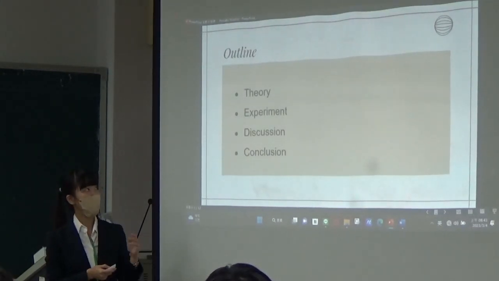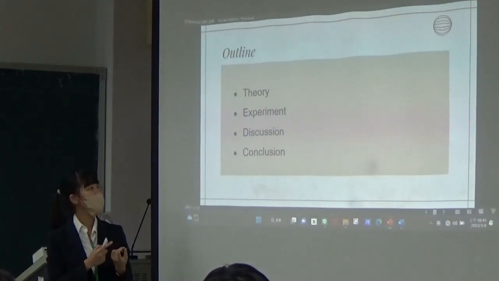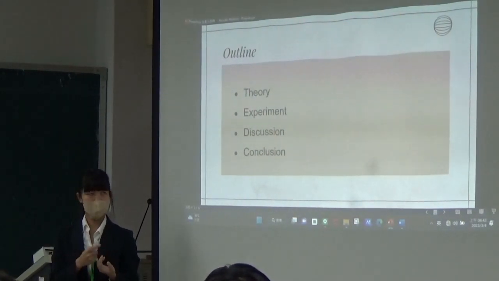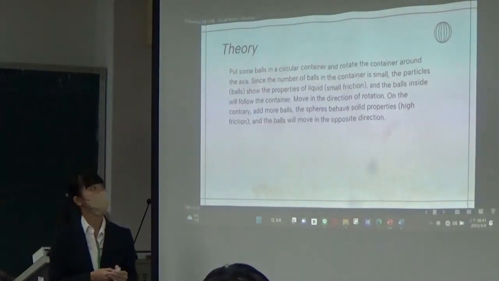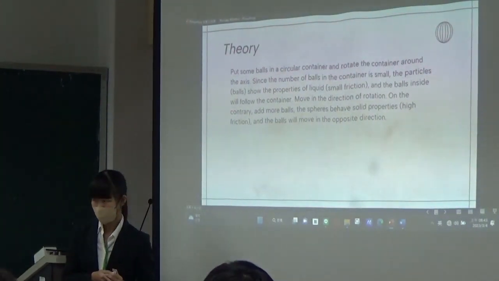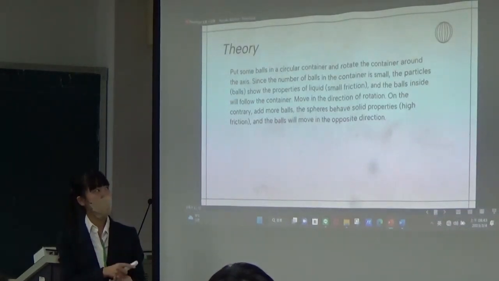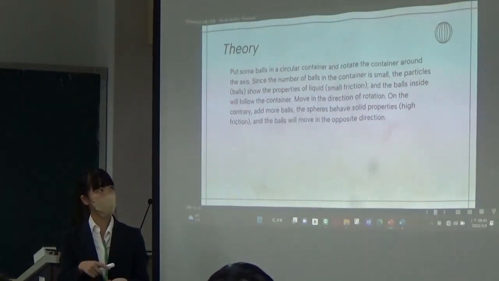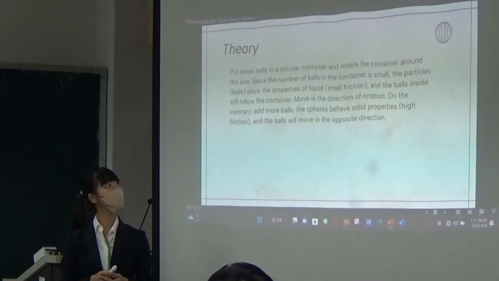This is the outline. I will talk about the theory, experiment, then discussion, and conclusion. First is the theory. Put some balls in a circular container and rotate the container around the axis.